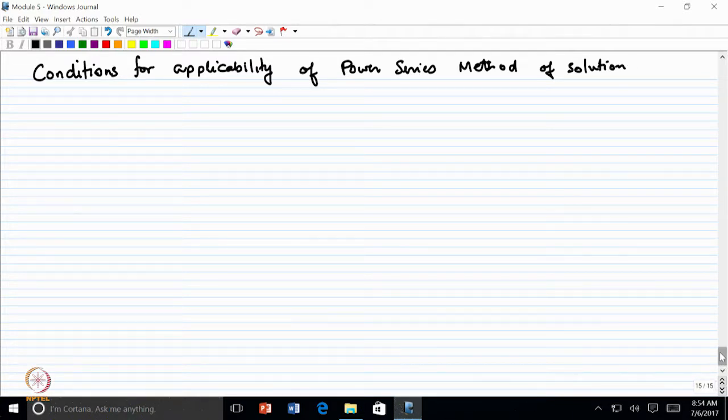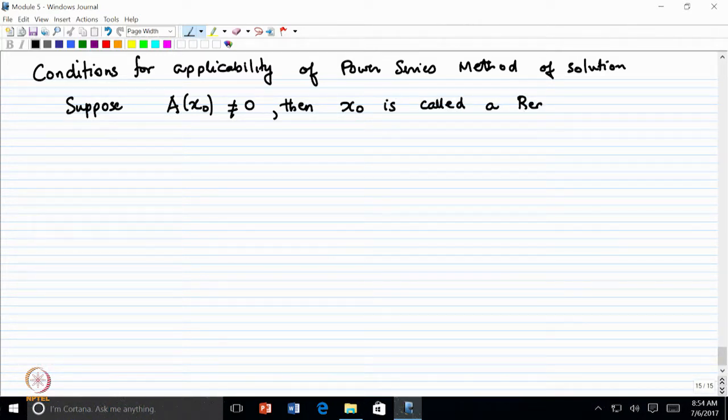Let us look at our ODE again. So, suppose a(x_0) is not equal to 0. Okay, then x_0 is called a regular point.